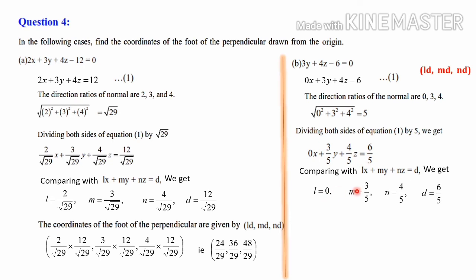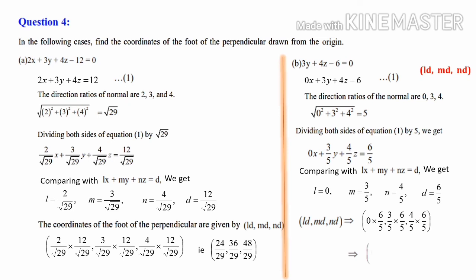Then L, M, N and D we have got. So we can use the LD, MD and ND formula for finding the coordinates of the foot of the perpendicular. So LD, MD, ND implies, let's substitute: 0 into 6 by 5, that is L into D, then M, 3 by 5 into 6 by 5, then N into D, 4 by 5 into 6 by 5.